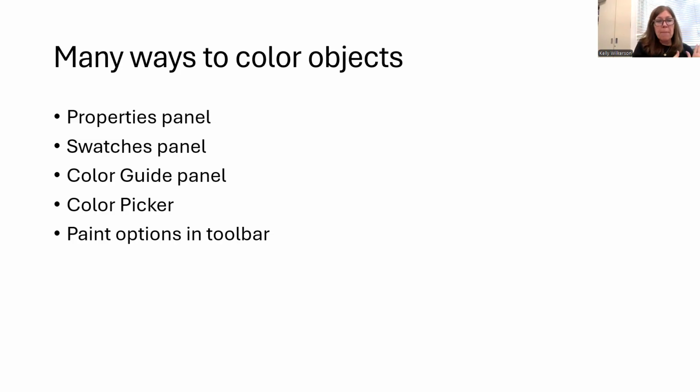You can go into the Properties panel, the Swatches panel, the Color Guide panel, use the color picker, and use paint options and the toolbar. Over the course of this lesson, we'll be doing all of those different things. So now let's open up Illustrator.